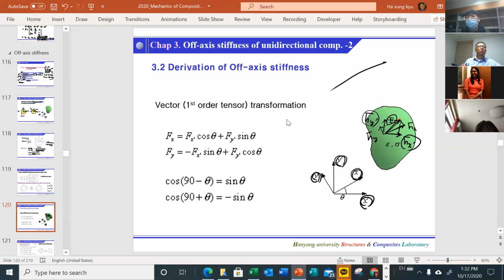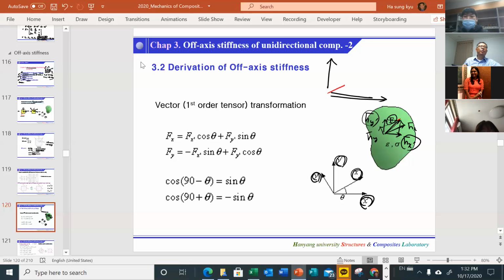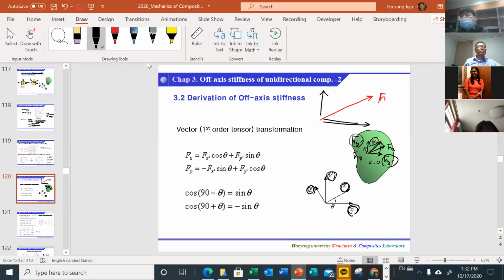Again, I will redraw this. So we have an f. This will be fx prime, and this will be fy prime.